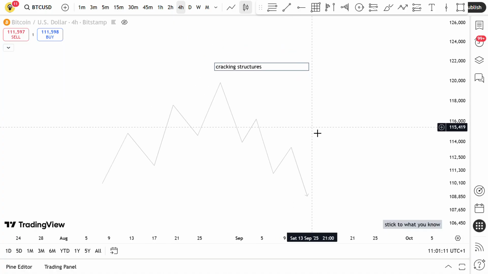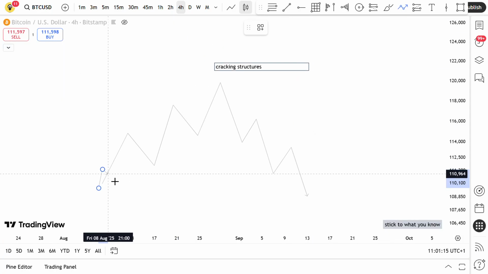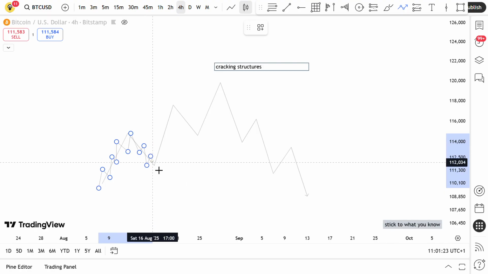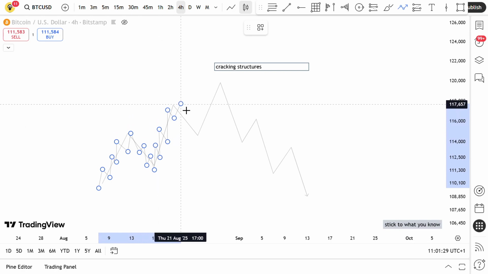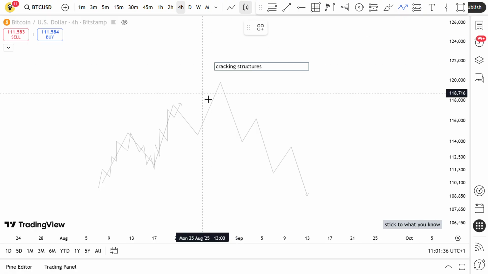But now, to crack structures, we get to understand that this bullish trend consists of highs, lows, a break here, and you go. You keep going like that. This is how structures are formed.